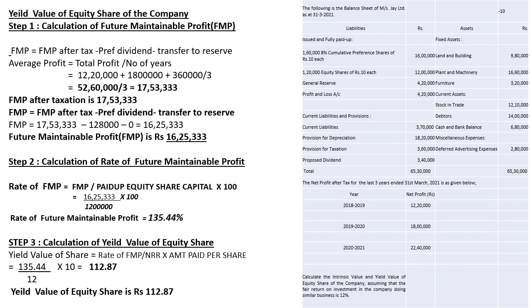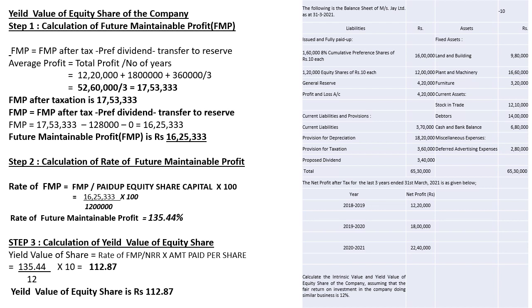It is 8% cumulative preference shares of 16 lakhs, so you have to take 8% of 16 lakhs. 16 lakhs into 8% gives you 1 lakh 28,000. Then minus transfer to reserve.